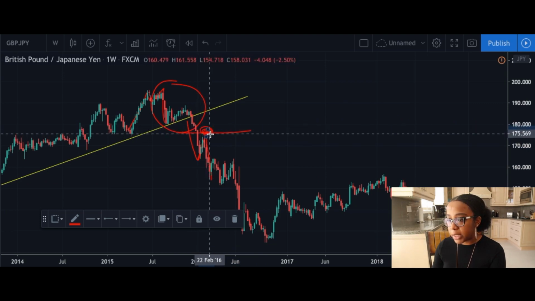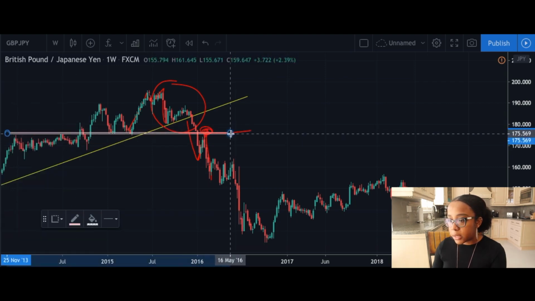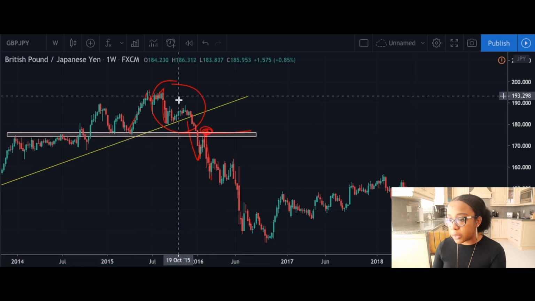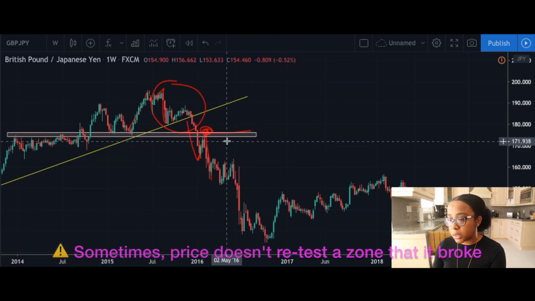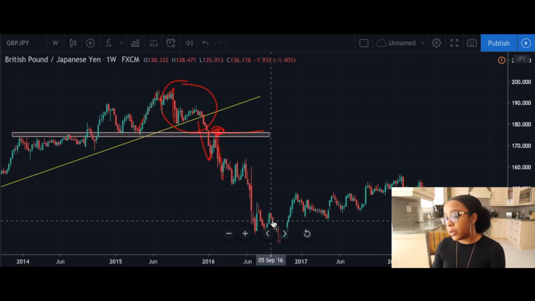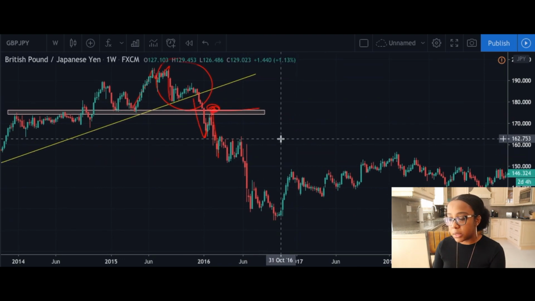This is premium price, and you want to see your confluences, so you see that this is a zone right here, and obviously, whenever price breaks a zone, it wants to retest it. So this would be a really good indication that price wants to move down, and then you just follow it. So it's as simple as that.